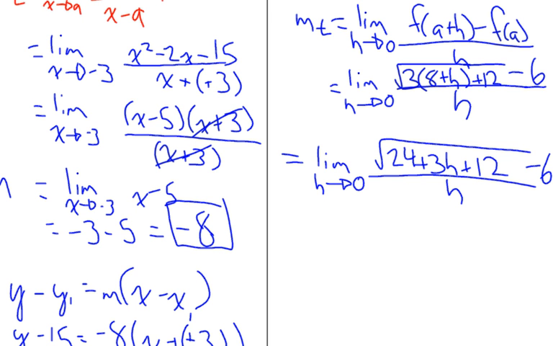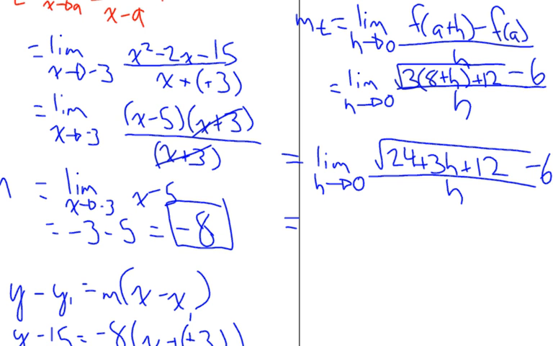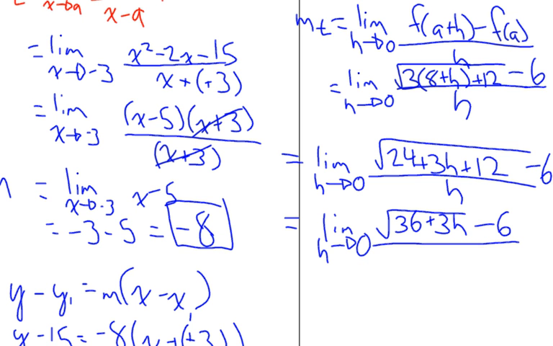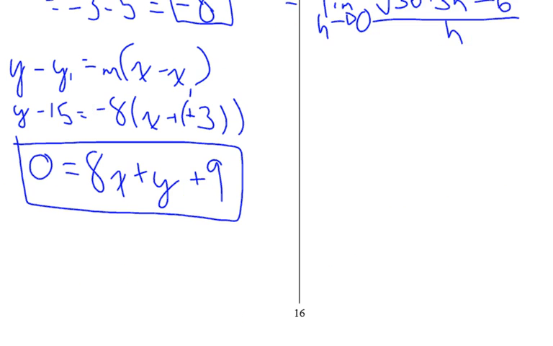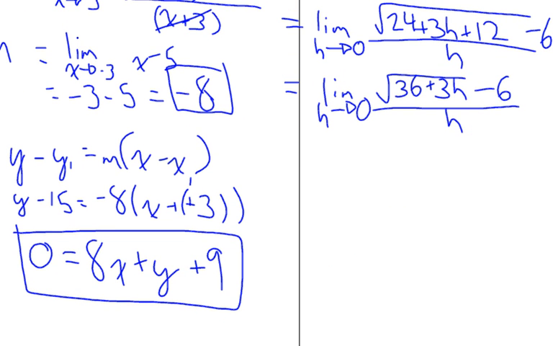Okay, so we just did the distributive law to distribute that 3. Next we've got the limit as h approaches 0 of 36 plus 3h minus 6 over h. Okay.